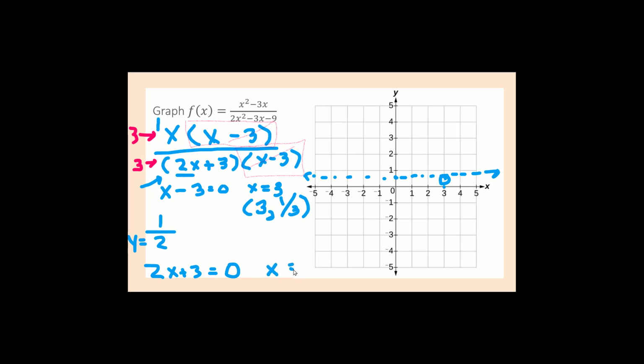We'll move that 3 over to the right, and then divide by 2, so x equals -3/2. Probably should have made a bigger graph. Okay, we'll make that a dotted line, and that tells us where we're going to approach and get close to, but never cross.